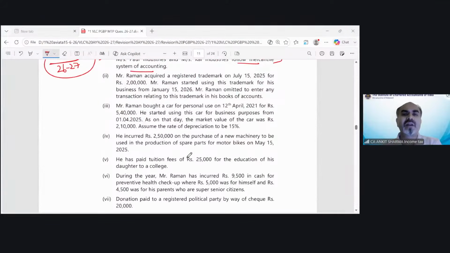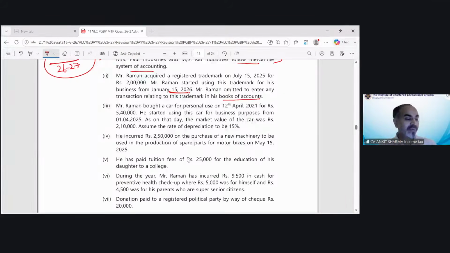Raman acquired a registered trademark on July 15, 2025 for rupees 2 lakh. Mr. Raman started using this trademark for his business from January 15, 2026. Mr. Raman omitted to enter any transaction relating to the trademark in his books of accounts.